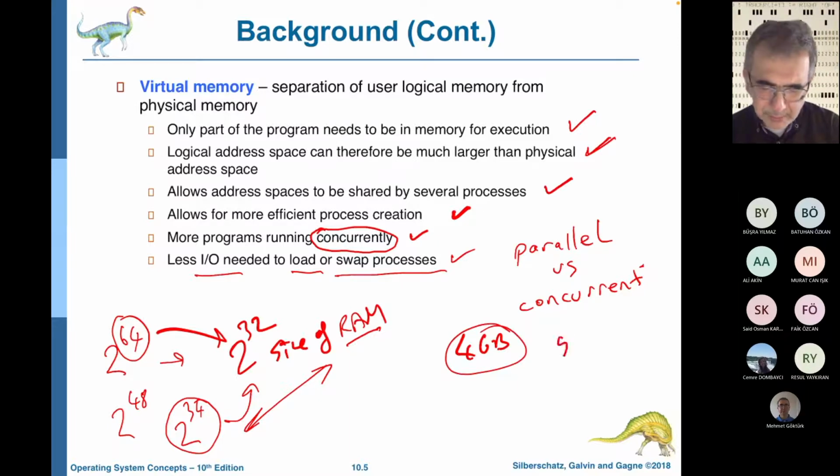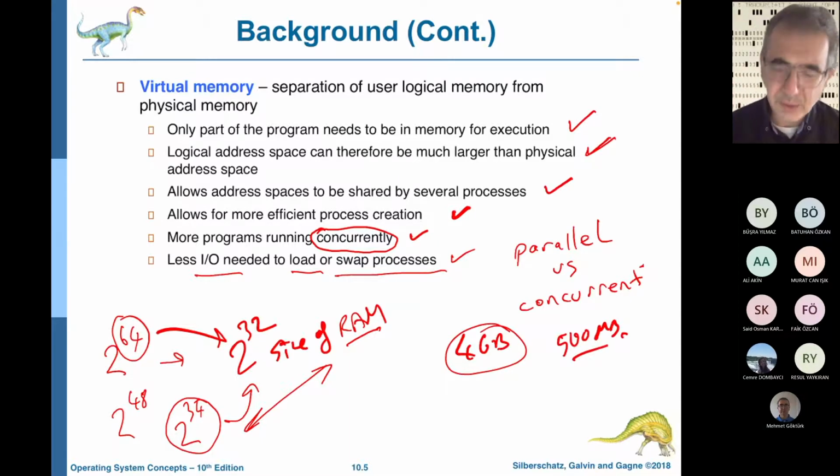Only, for example, 500 megabytes of the program is in memory. So when you swap it out or swap in, only part of the big application is transferred between the hard drive and random access memory.